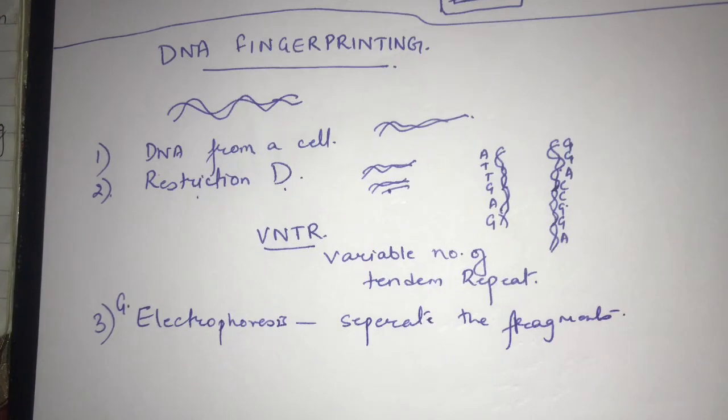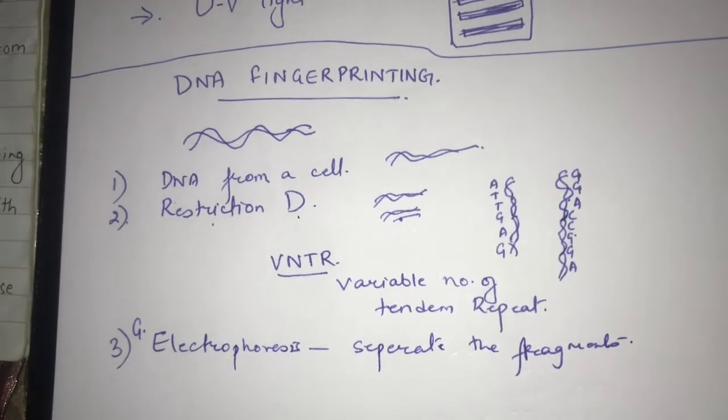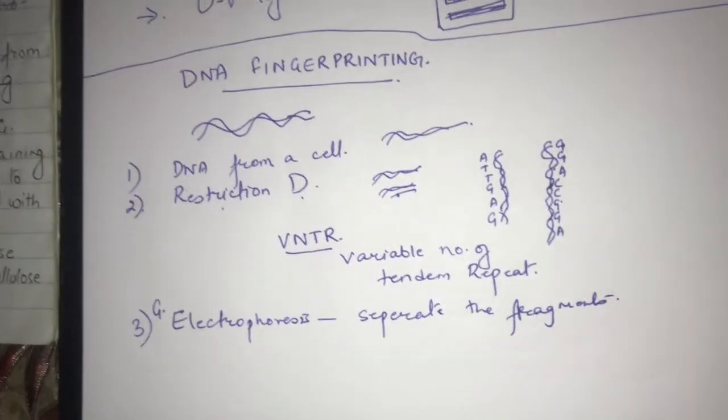Now, transfer the separated fragments from gel to nitrocellulose paper by blotting the paper over the gel.